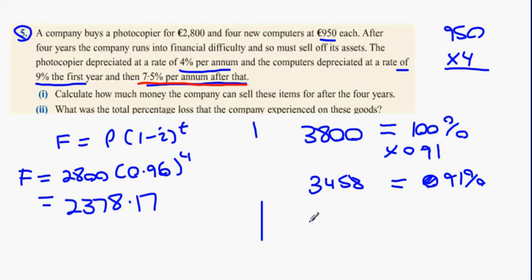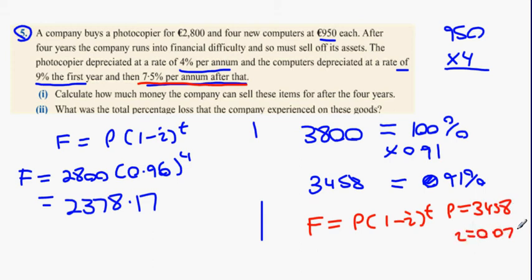So now I can use my formula. F equals P times (1 minus i) to the power of t, where P equals 3,458, i equals 0.075, and t equals 3 because we already counted the first year.